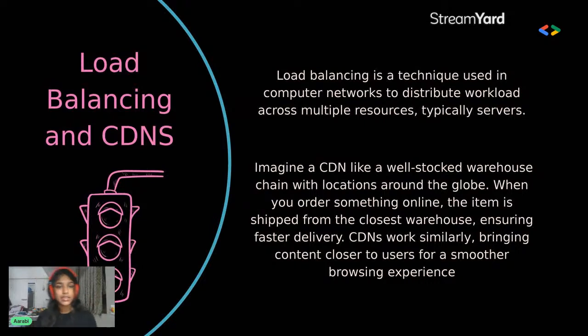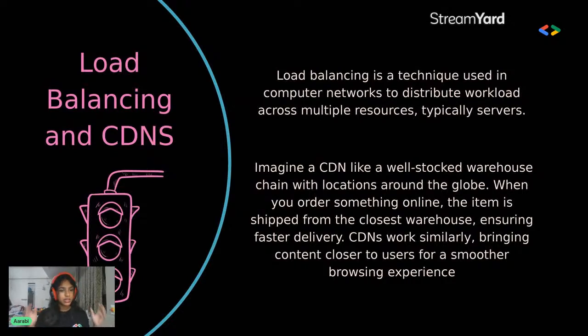And a CDN is basically, let's imagine Amazon. Amazon has multiple warehouses in every city, and all the popular products are stored in each city. So when you order something, you can get it quite quickly, right? Because it's right there in your city.